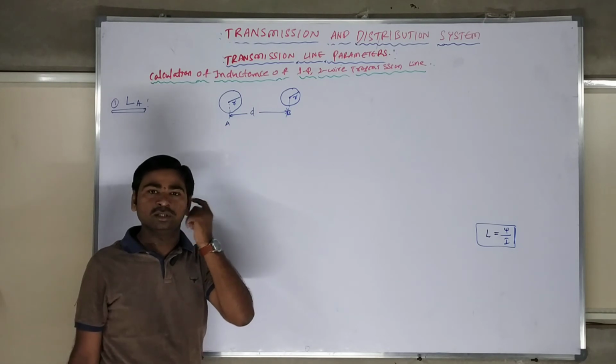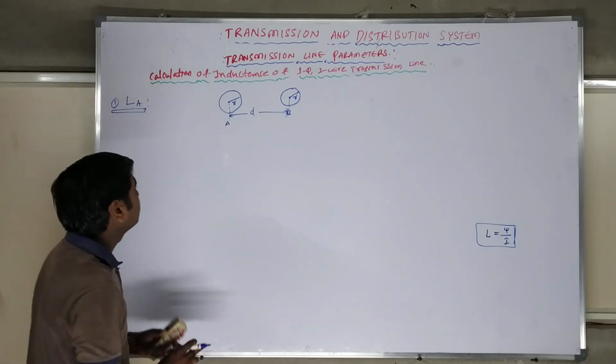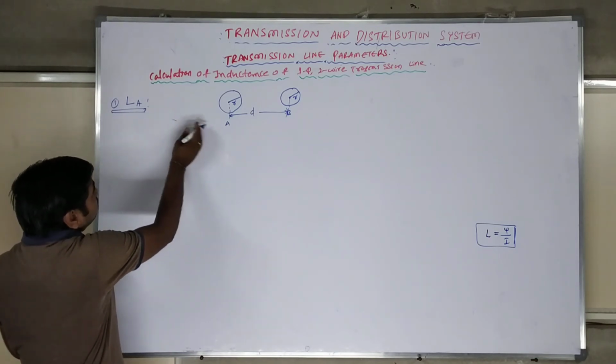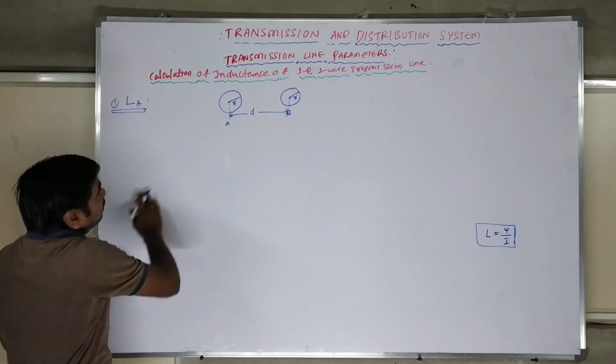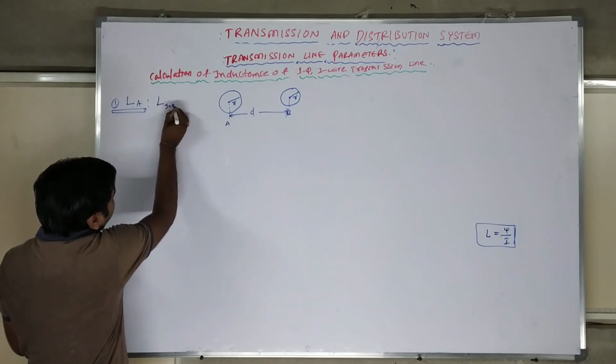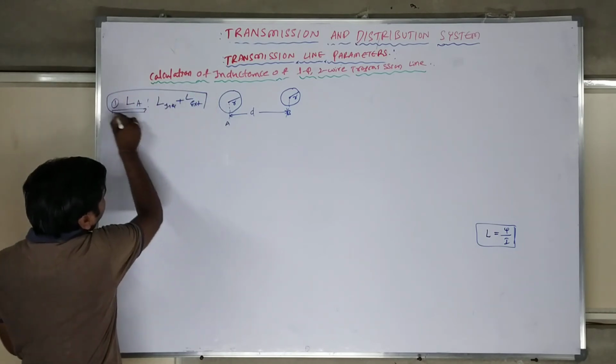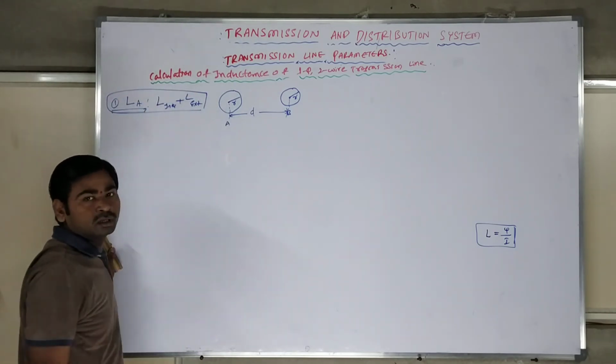So we have 2 things for each conductor: LA is equal to inductance for internal plus inductance for external. Both together give the inductance of one conductor.